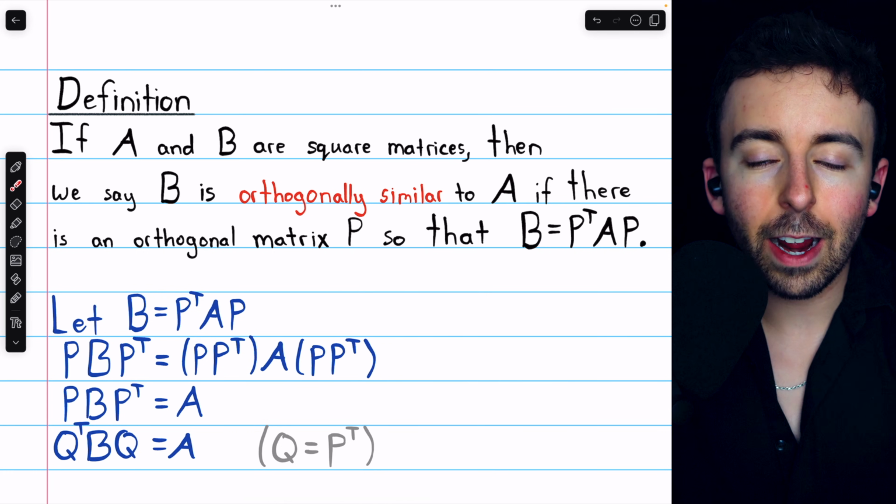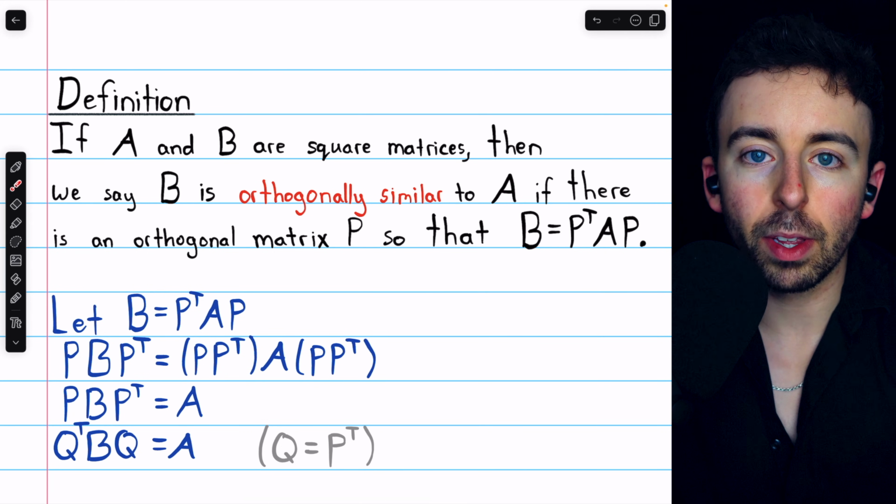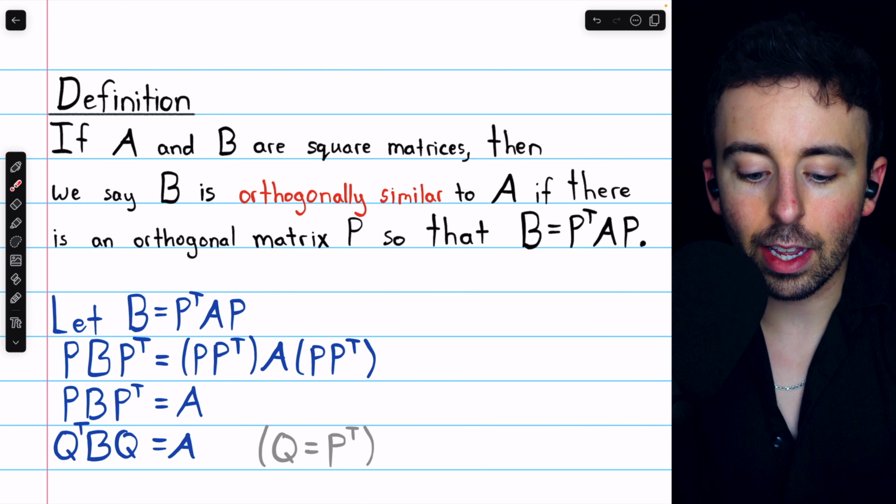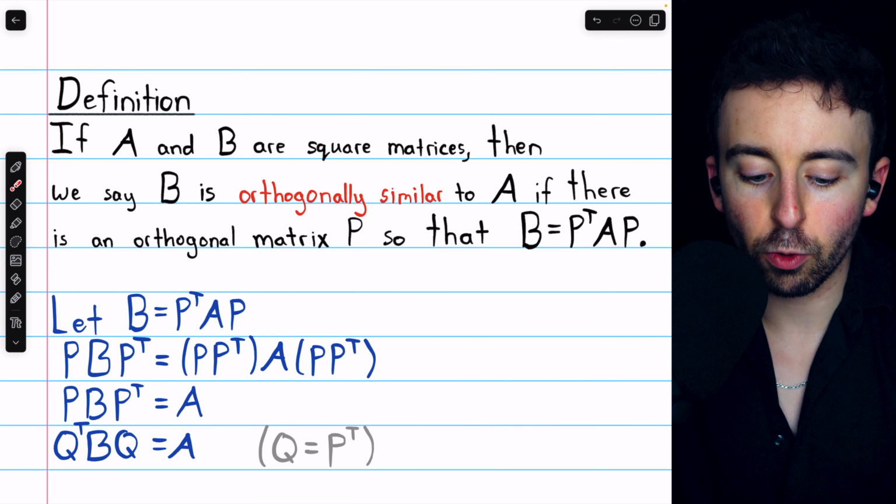Just as with ordinary similarity, this relationship is symmetric. So if B is orthogonally similar to a matrix A, well, we could multiply on the left by P and on the right by P transpose.